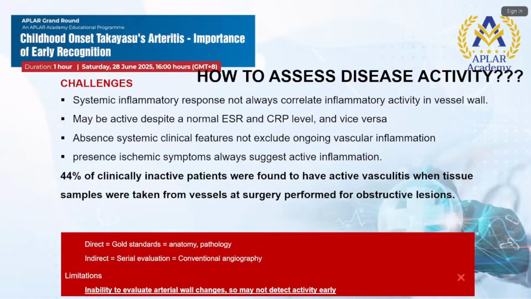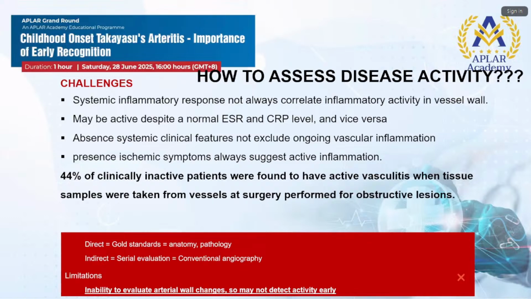How to assess activity? I think this is very challenging for us, because the systemic inflammatory response does not always correlate with inflammatory activity in the vessel wall, and the vasculitis may be active despite a normal ESR and CRP level, and vice versa.